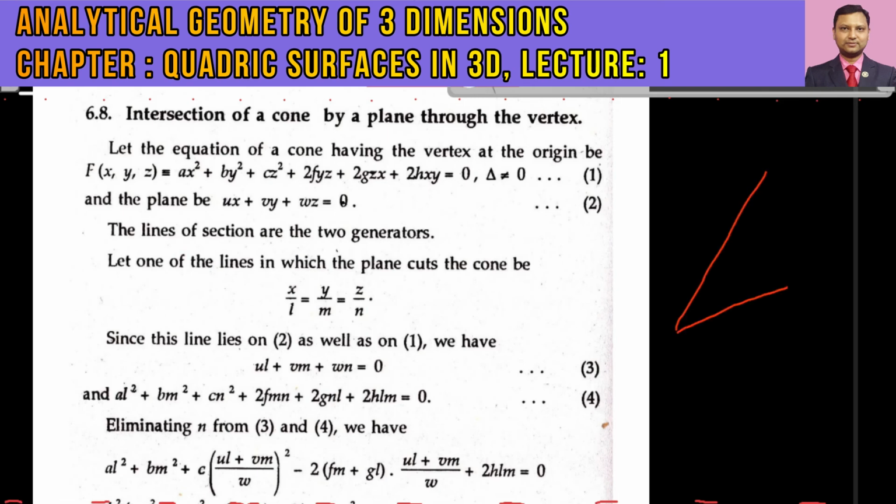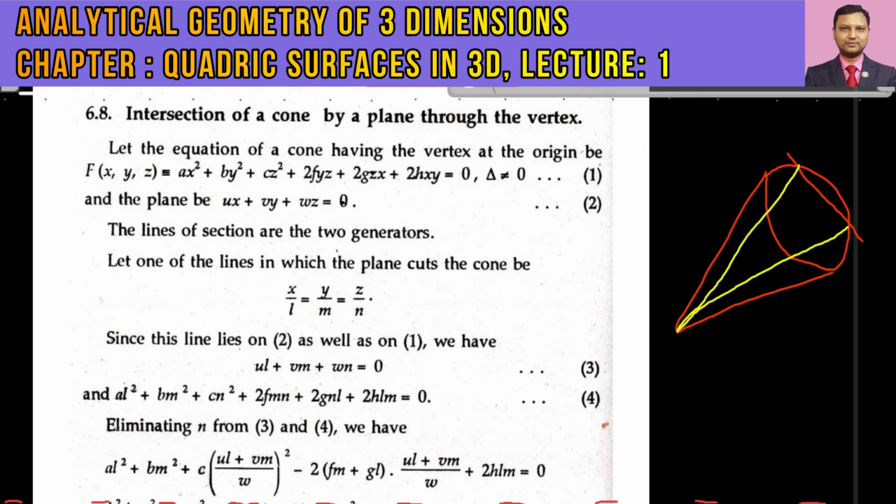Say this is a cone, and a plane intersects it in this fashion. So what would be the corresponding line of intersection? This would be the line of intersection, so we may get a pair of straight lines.